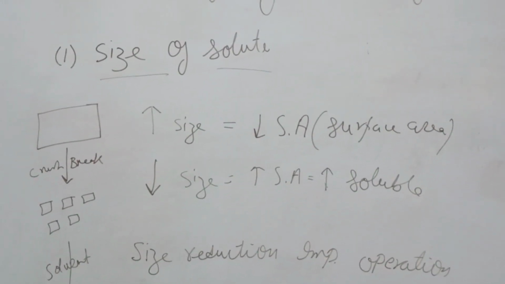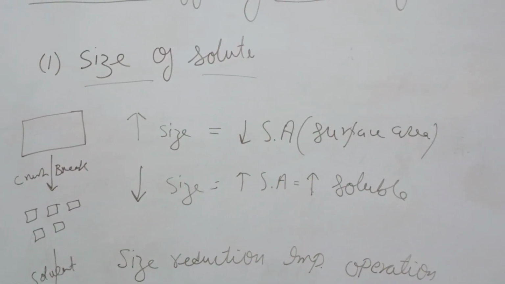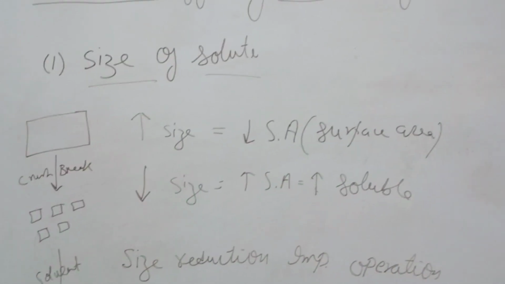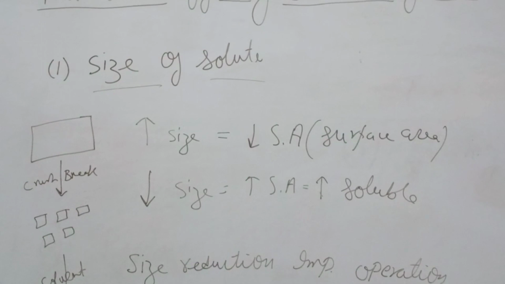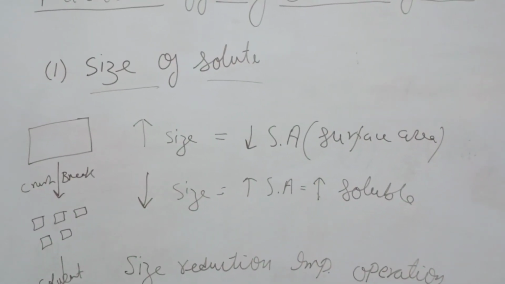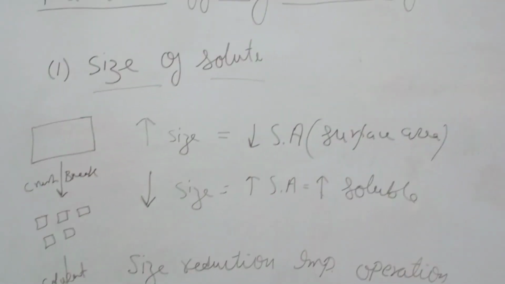So generally the solute can be present as a solid, preferably it is present as a solid, and it can also simultaneously be present as a liquid as well as gas.